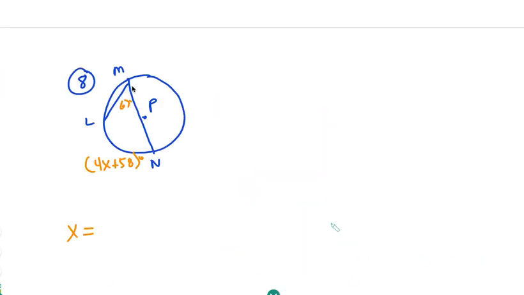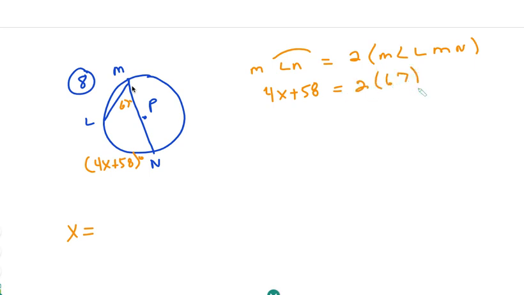All right, now we have an inscribed angle, but notice that it is not on a diameter. So what I'm going to do to find the measure is I'm going to take the arc, so the measure of arc LN is going to equal 2 times the measure of angle LMN. So I have 4x plus 58 is equal to 2 times 67.